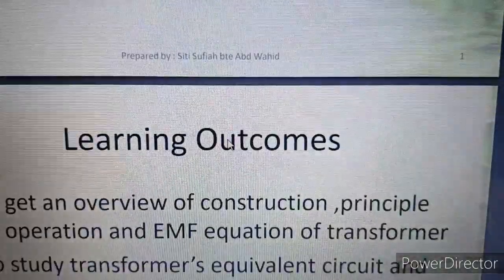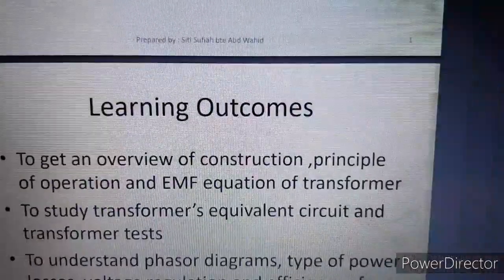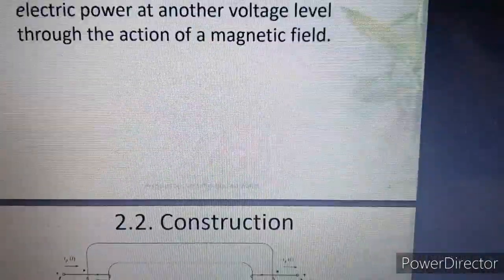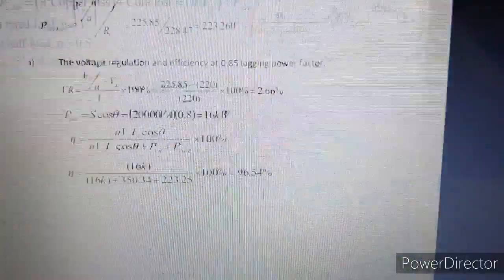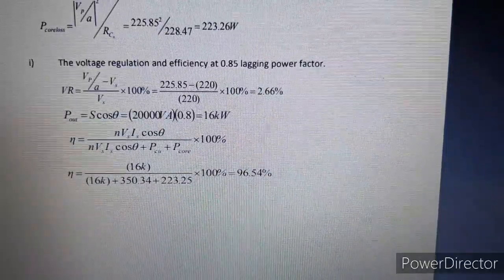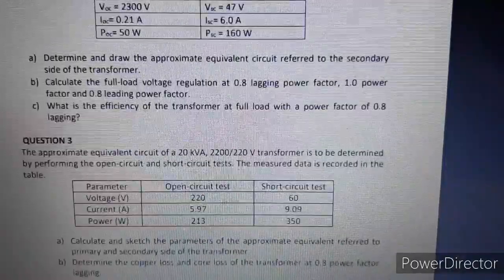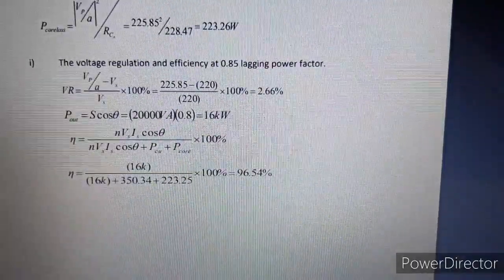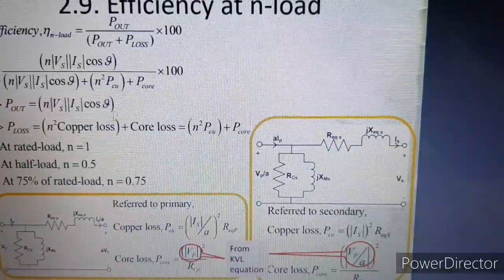In the notes, the formula for P out is written as VS IS cos theta.